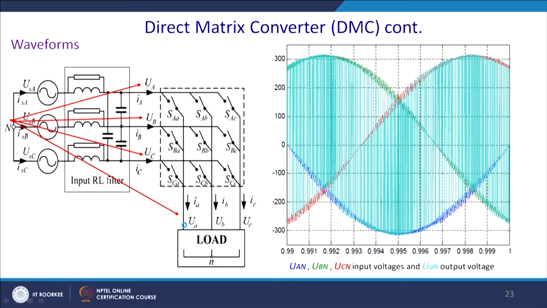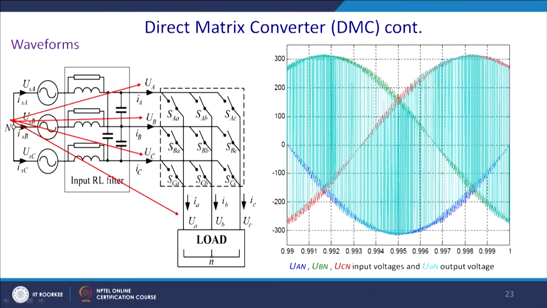Now, see how we will generate different voltages. UAN, UBN and UCN are the input voltages and output voltages are small u a n. So, you will be triggering at quite a high frequency, because with thyristors you were not allowed to trigger, you were allowed to conduct for an alpha of 15 degree, 20 degree, 30 degree, but now you can switch very accurately and generate the shape of the voltage as required.